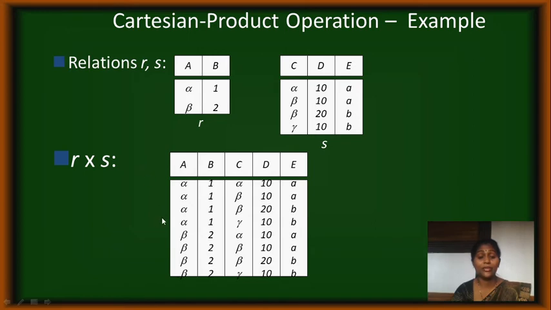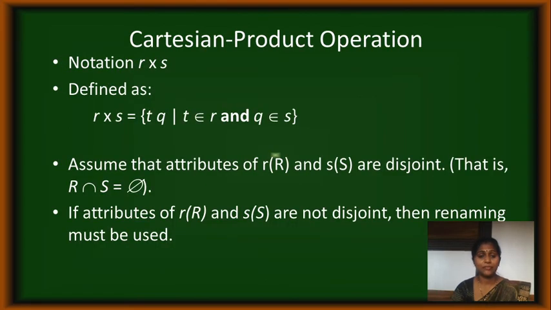Then how many elements will be there in the result? The number of elements in R into the number of elements in S. For example, 2 fours are 8. See here, 1 2 3 4 5 6 7 8. So the resulting number of elements is the cardinality of R into the cardinality of S.